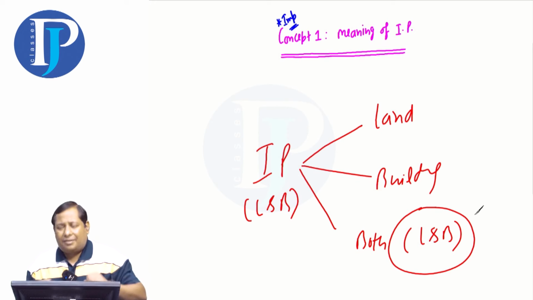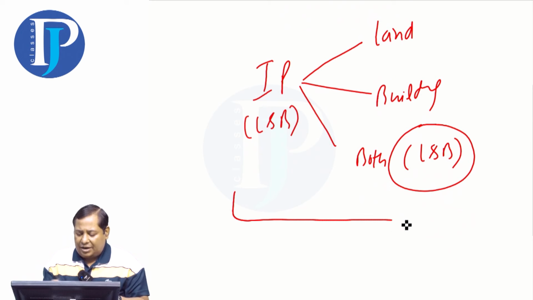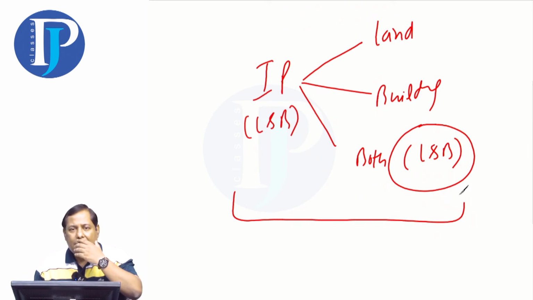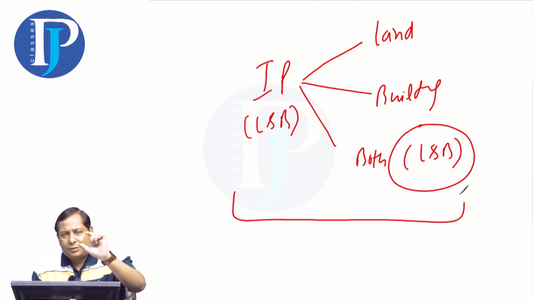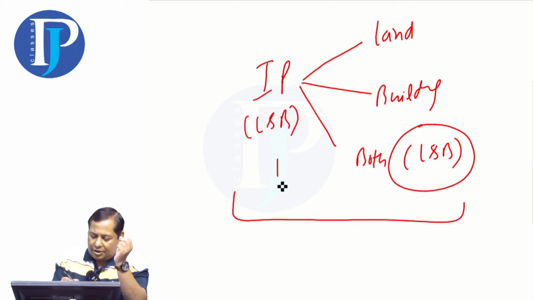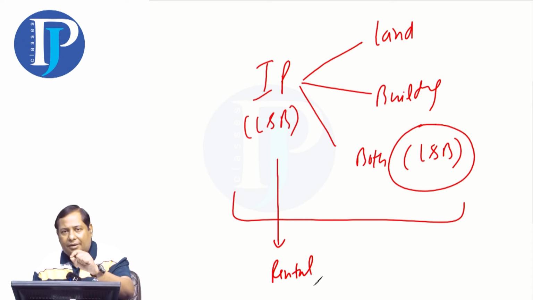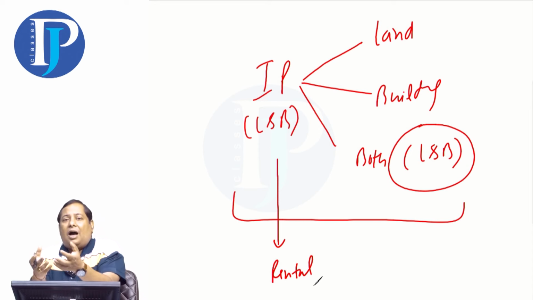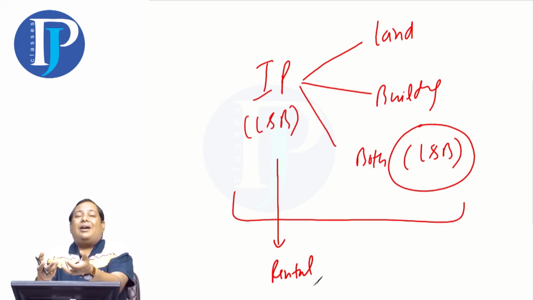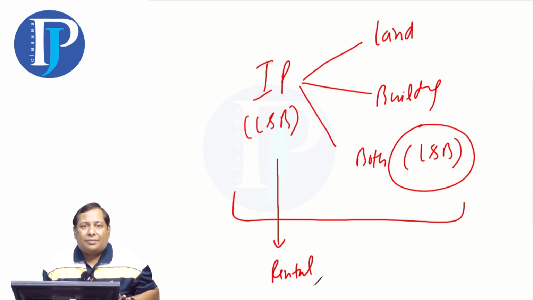Which land and building? Not all are covered in this. In this Ind AS there is a specific objective for the land and building, and that is, either it is giving you rental income. If any land, building, or land and building, you have kept to earn rental income from it, it would be considered investment property.